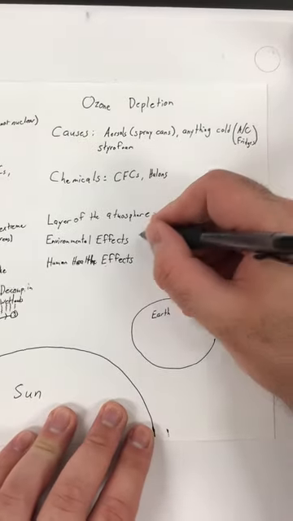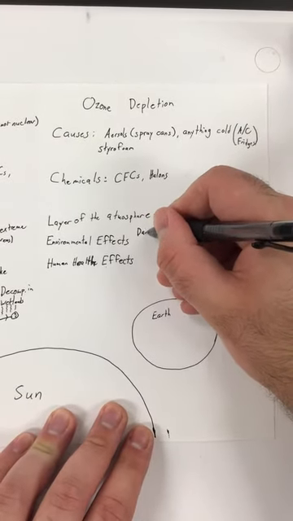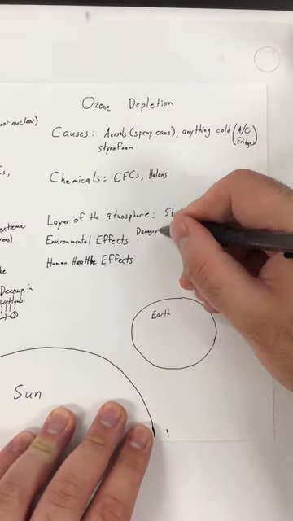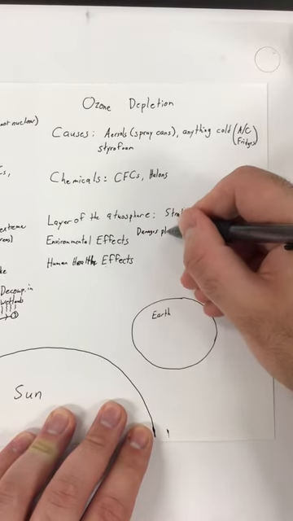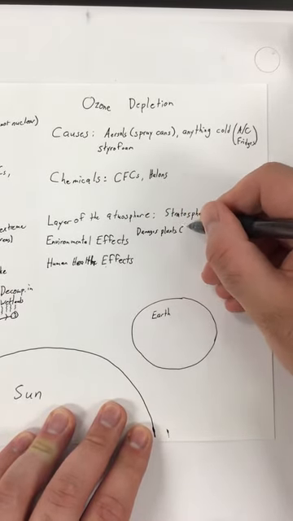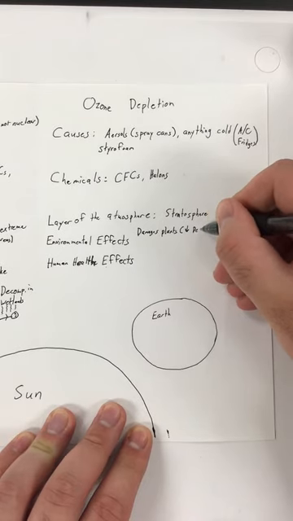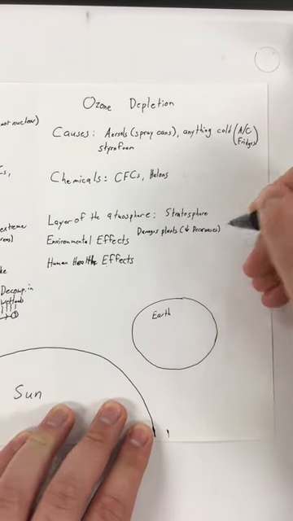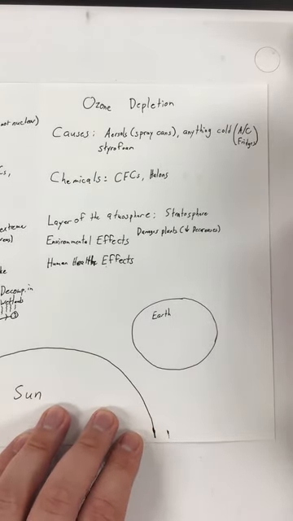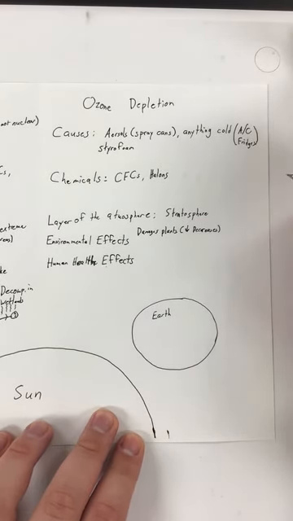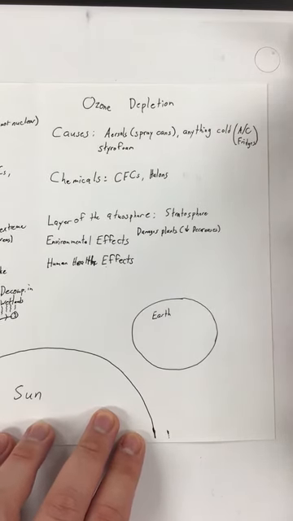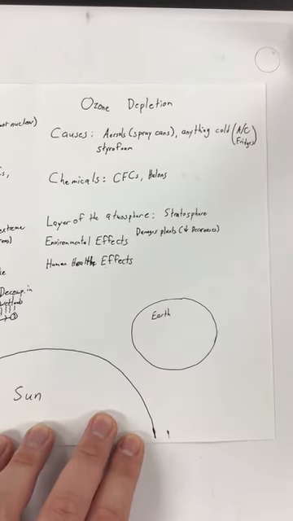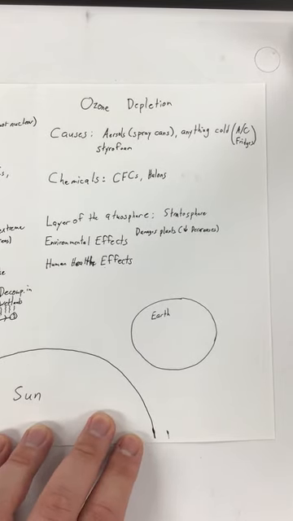Now, the environmental effects. It damages plants, which decreases photosynthesis. We know that photosynthesis is the source of energy for all food webs. If you decrease photosynthesis, you've now decreased available energy in that ecosystem, which means your top-level predators are going to be the ones that have less energy available and more likely to leave or die.